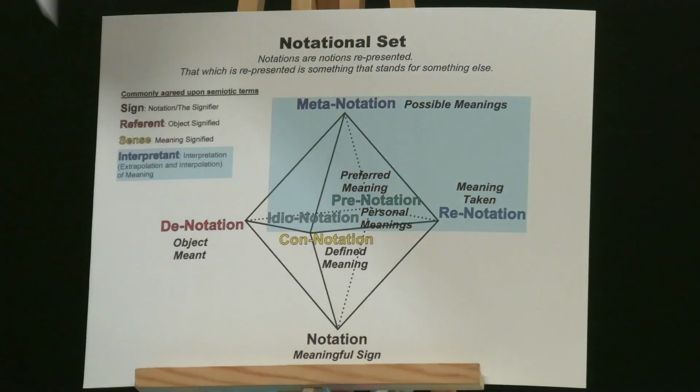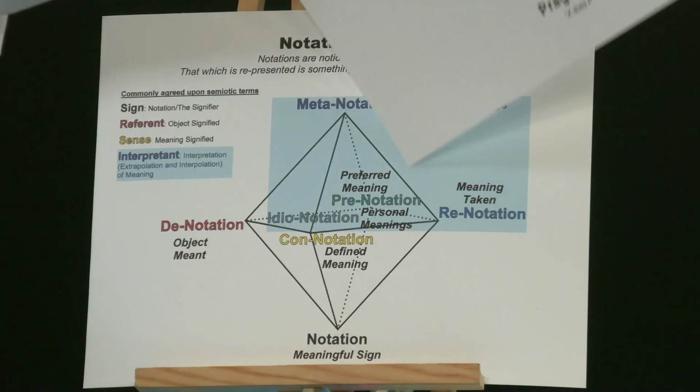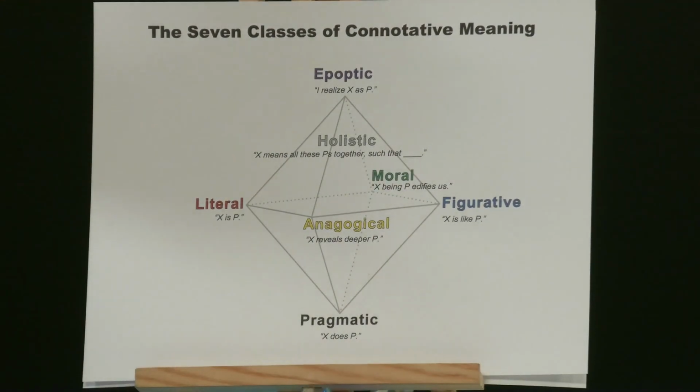So in the 7 classes of connotative meaning, we're actually dealing with the interpretant. In other words, each of us, right now, right here, you yourself and I myself, are going through a process of thinking about what is being spoken of.